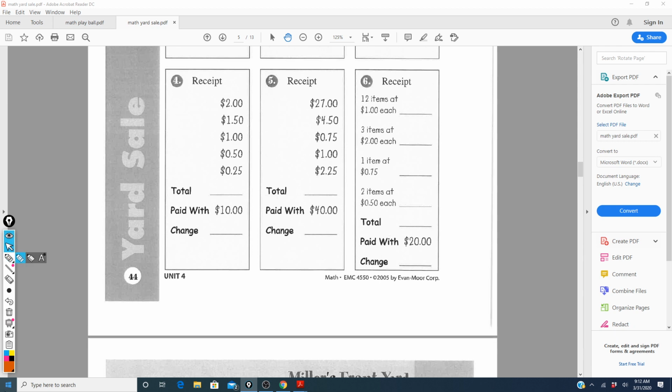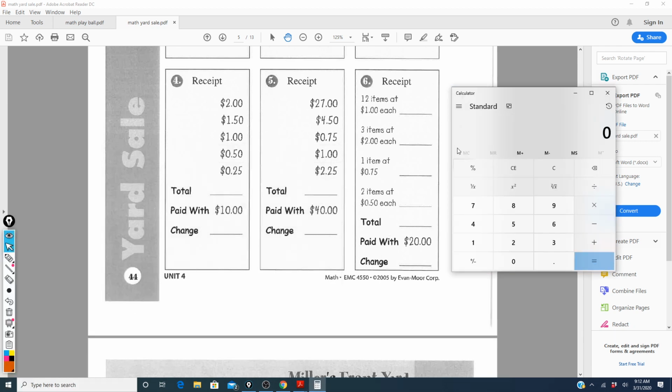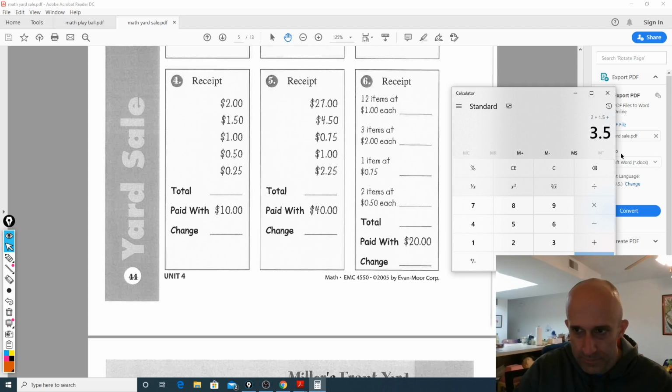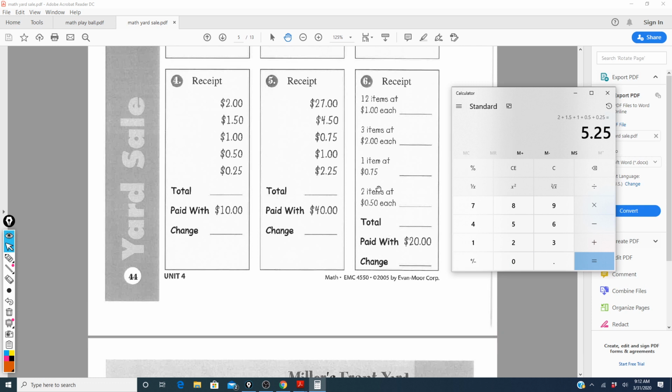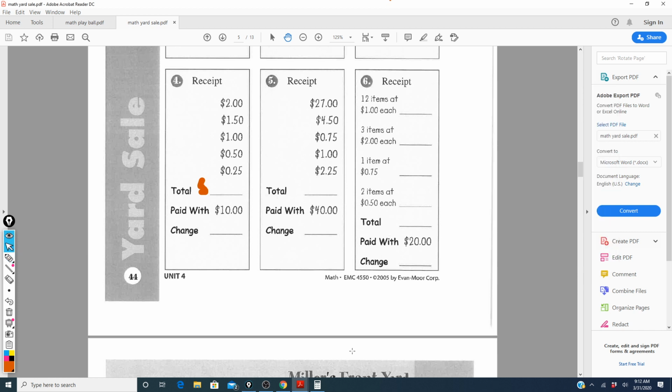When you do so, it's going to give you $5.25.